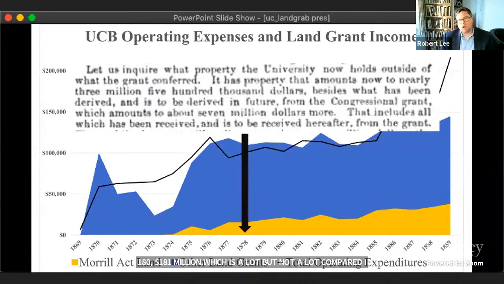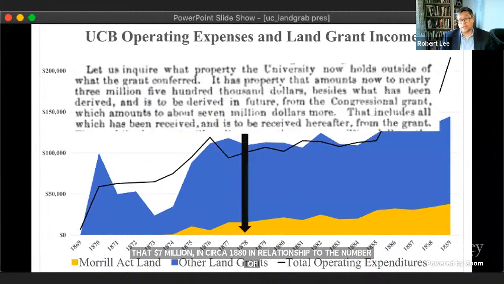But I think the really important metric is to think about how big or how small these universities were at the time and how important these funds were. So if you think about that $7 million in circa 1880 in relationship to the number of students, in 1878, there were 320 students, undergraduate and graduate at the University of California, Berkeley.